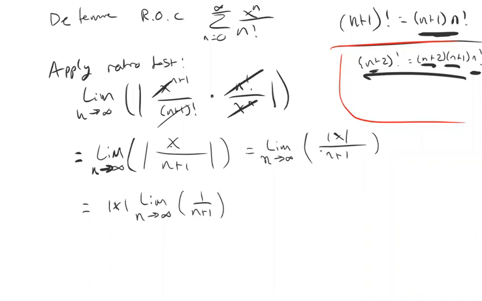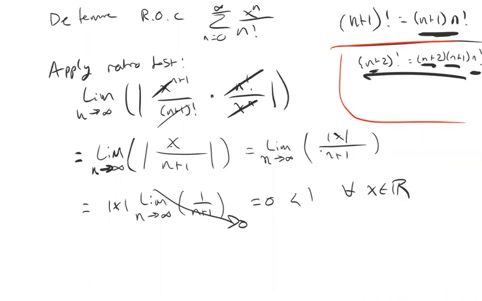1 over n plus 1, well, that's 0, right? And for all finite values of x, the absolute value of x times 0 is 0, and that's less than 1, and it has no dependence on x. This happens regardless of whatever x value I put in there.